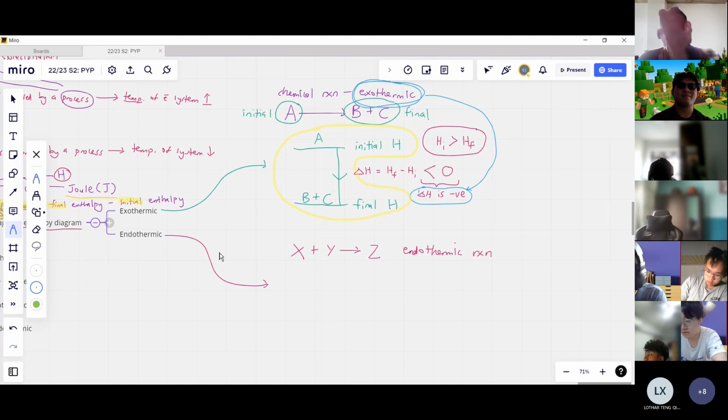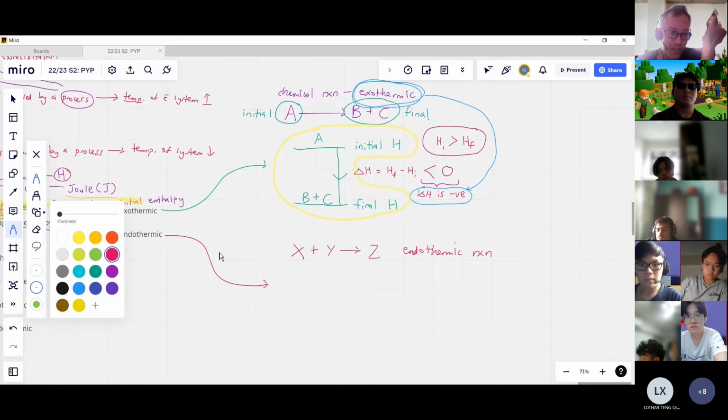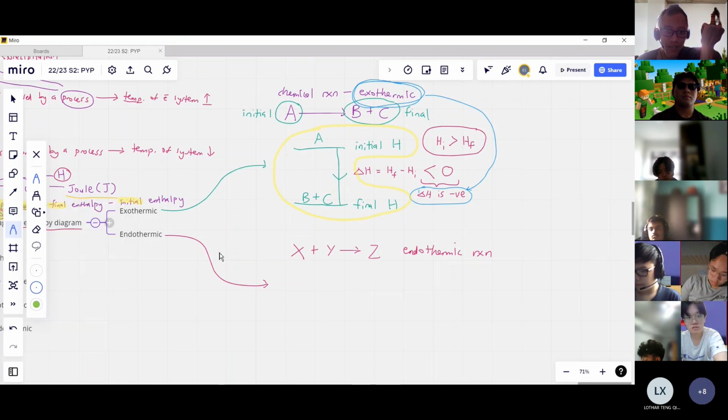So back to our question. How do you draw the energy diagram, or the enthalpy diagram, for this endothermic reaction? Hopefully some of you have figured it out by now. Which part is the initial? This is initial.